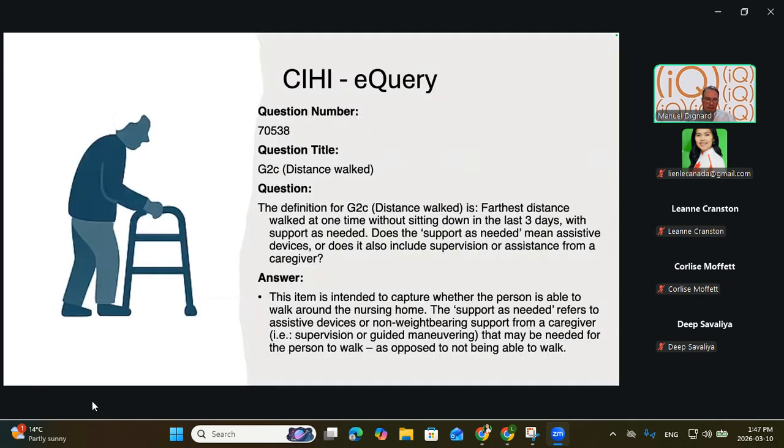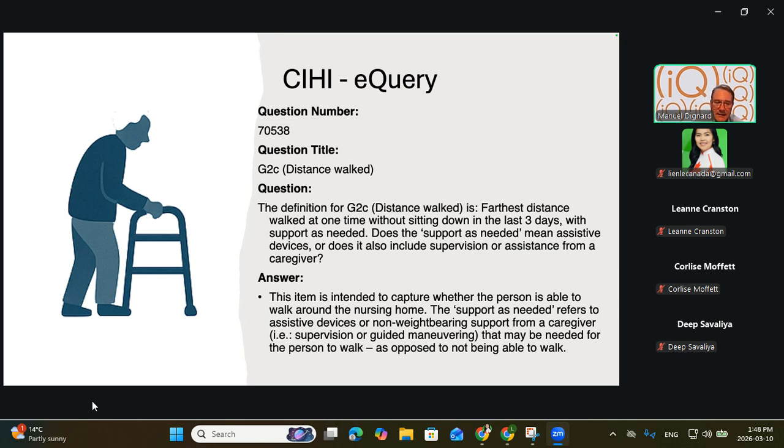Now we have a Kai-Hai query here for the distance walked. The question that was sent in is: the definition for G2C distance walked is furthest distance walked at one time without sitting down in the last 3 days with support as needed. Does the support as needed mean assistive devices, or does it also include supervision or assistance from a caregiver? That's a good question.